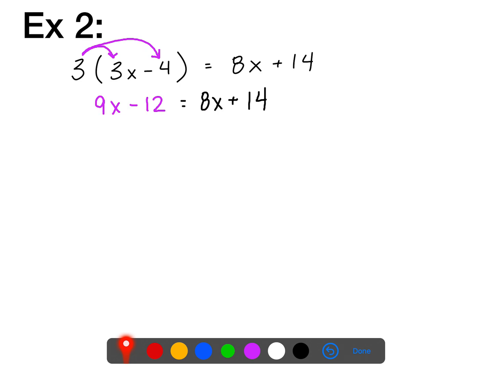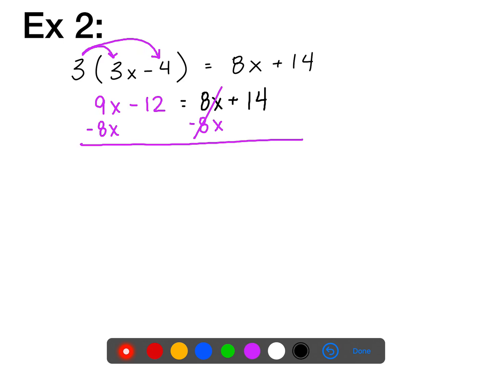If I'm looking at 9x and 8x, I want to move the 8x because it's smaller. So since it's a positive 8x, in order to get rid of it, I'm going to use its opposite sign. So I'm going to subtract 8x. I have to make sure that when I subtract 8x, I also subtract it from the term that has an x on the left side.